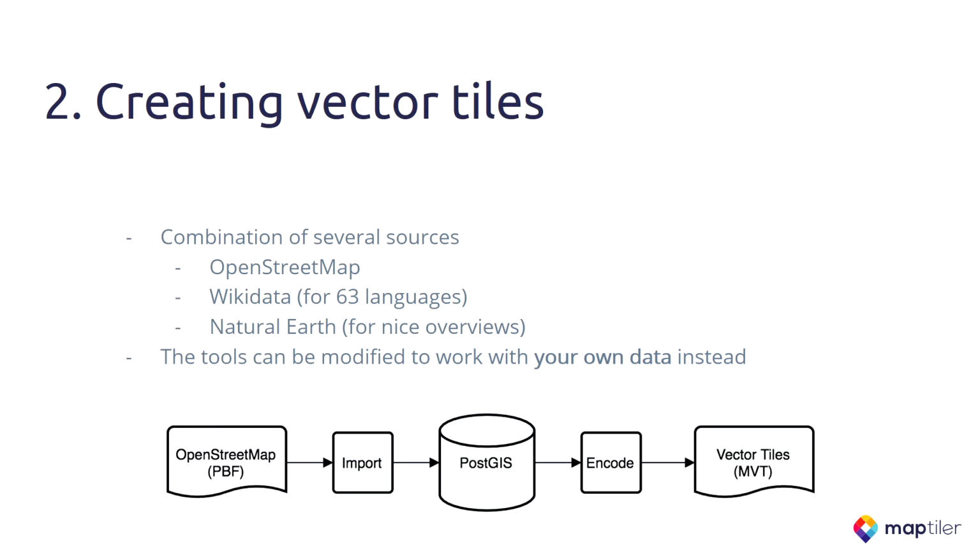But basically, you take the PBF file with OpenStreetMap data, you import it into the database, use PostGIS, and then you generate those vector tiles in the Mapbox vector tile format.